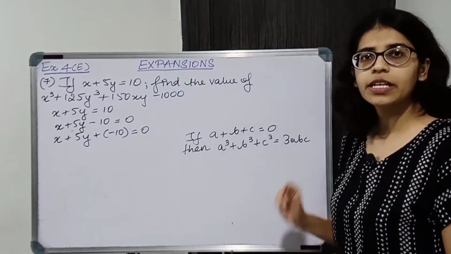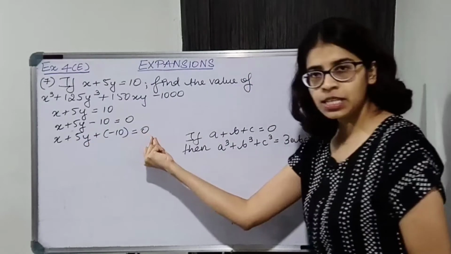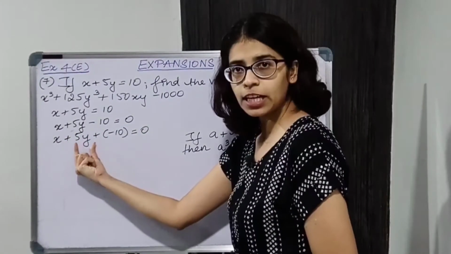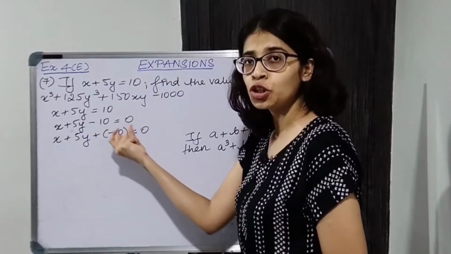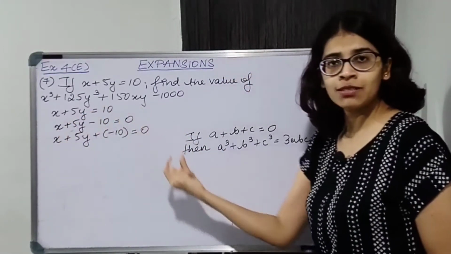Okay, so using this property, a plus b plus c is equal to 0, a cube plus b cube plus c cube, that is x cube plus 5y the whole cube plus minus 10 the whole cube, is equal to 3 into x into 5y into minus 10.